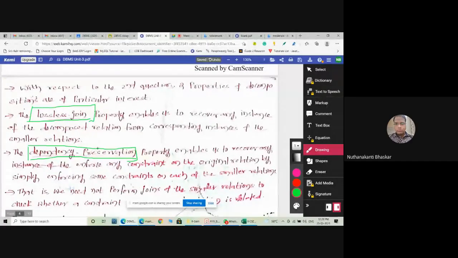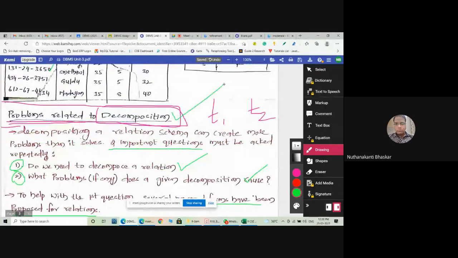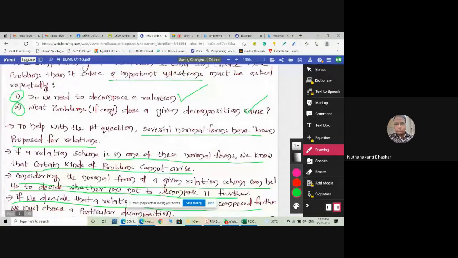If dependency preservation is there, the lossless join will automatically hold. So these are the two points you must remember before applying the decomposition. Are you clear now? This second point you do after decomposition. This first point you do before the decomposition. Understand?